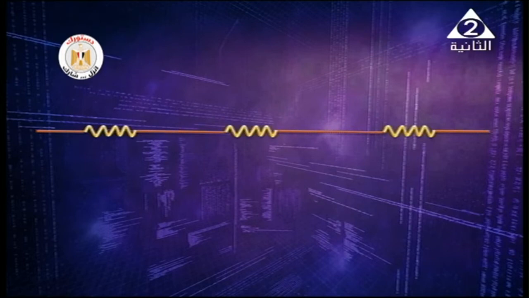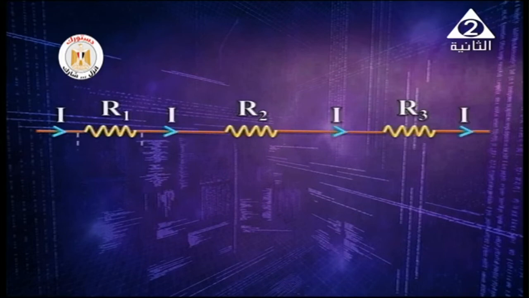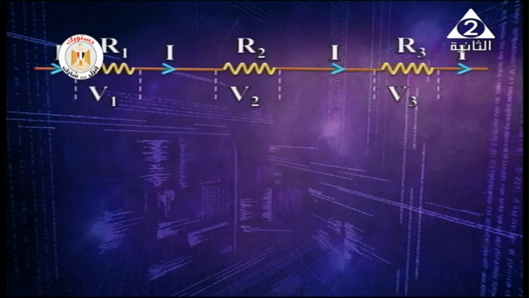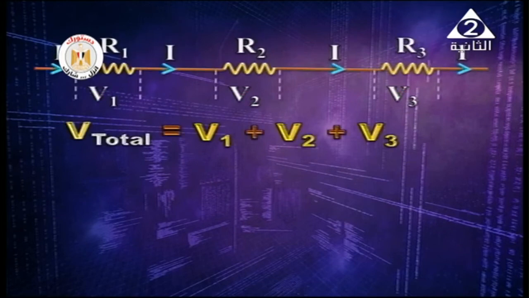So resistances R1, R2, and R3 connected in series carry the same current intensity. But potential difference across R1 is V1, across R2 is V2, and across R3 is V3. And total potential will be V1 plus V2 plus V3.